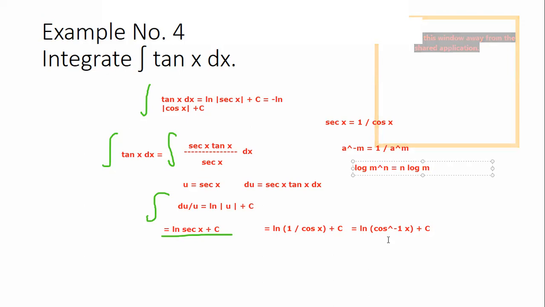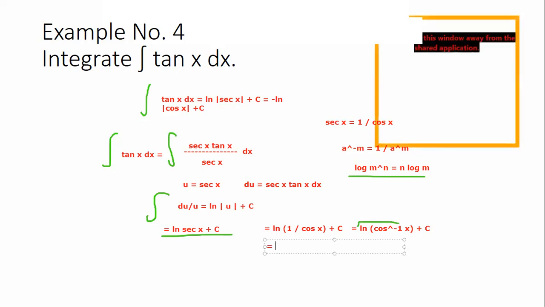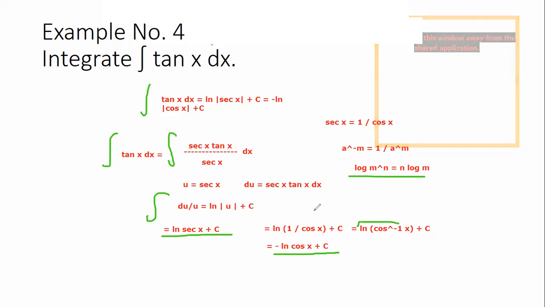We can put this negative 1 down here using this formula. So this will be negative ln of cosine x. Do you have any questions with our fourth example? Okay, let's proceed.